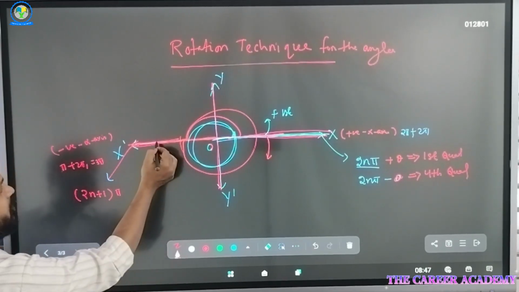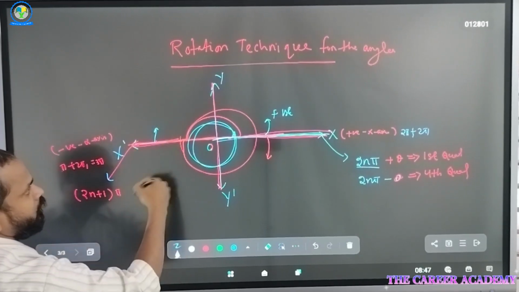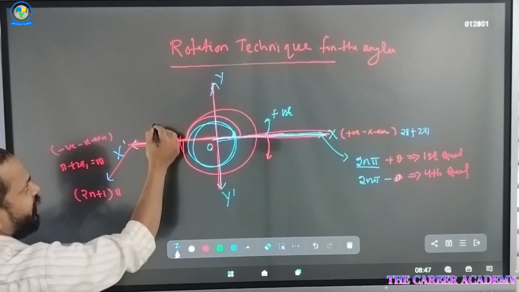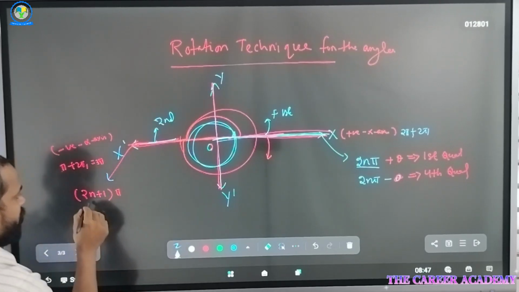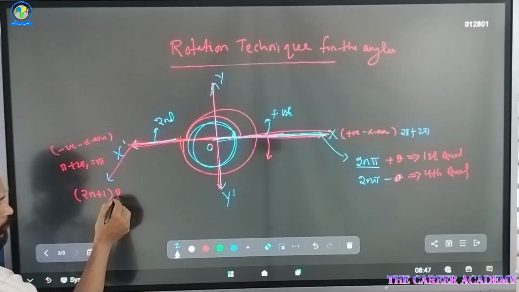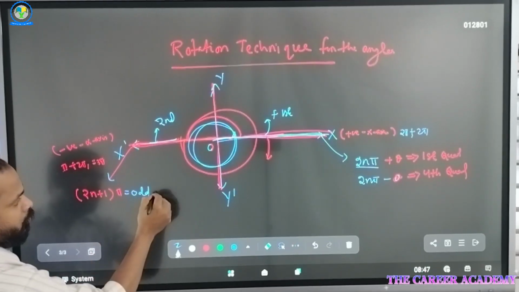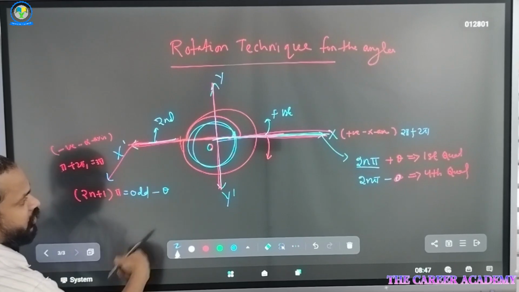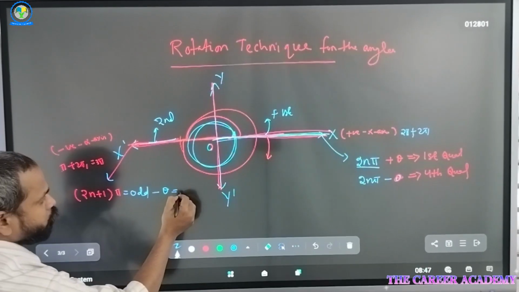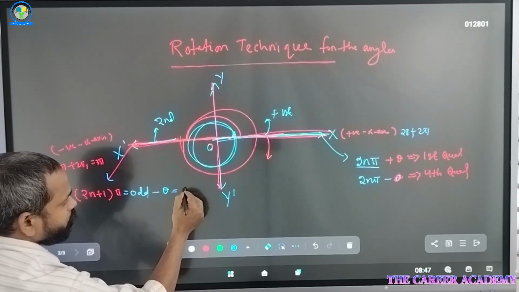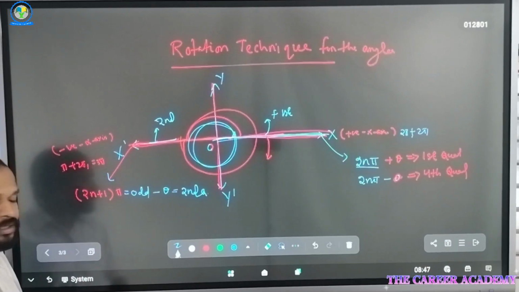Clear? Now I am here. If I subtract something from this line, which quadrant can it belong to? It can belong to the second one. Means odd pi minus theta belongs to the second quadrant. Clear, students?